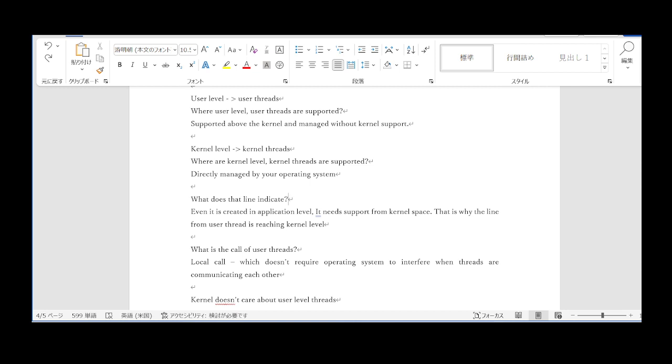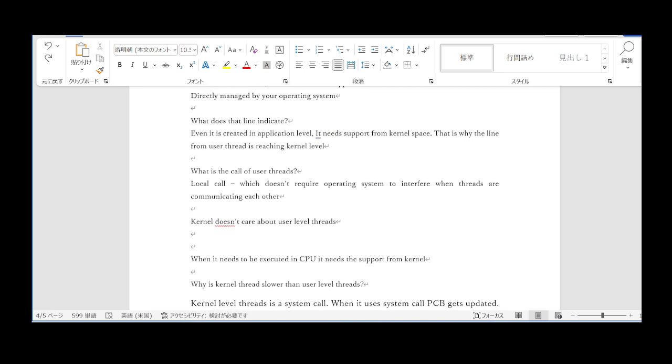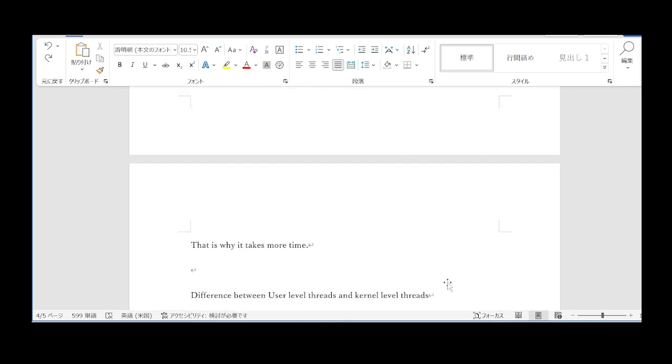Whereas in kernel level threads, it is called a system call, and it requires the PCB. When a system call is used, the PCB gets updated, so there's an additional process required, which takes longer time to process.